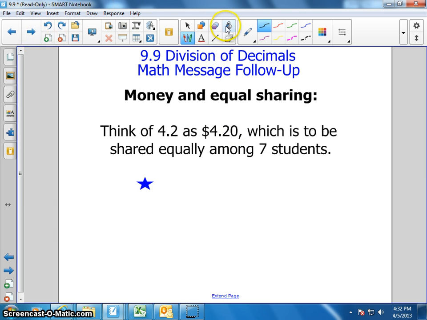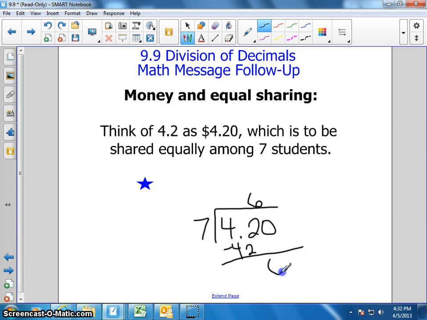We can also take a look at it like money. So if you have $4.20 that has to be shared equally among 7 students, how would we do that? $4.20 among 7 students. So once again, 7 goes into 42 6 times.